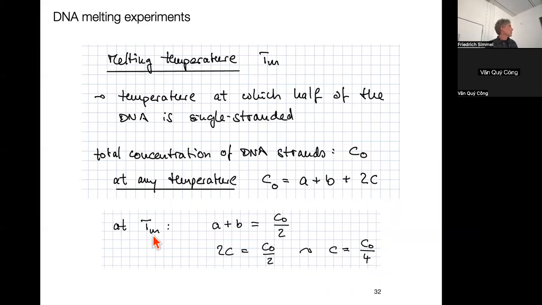Now the melting temperature is defined like this. All the single strands have a total concentration of A plus B, and this must be half of the total concentration. So that's this equation.